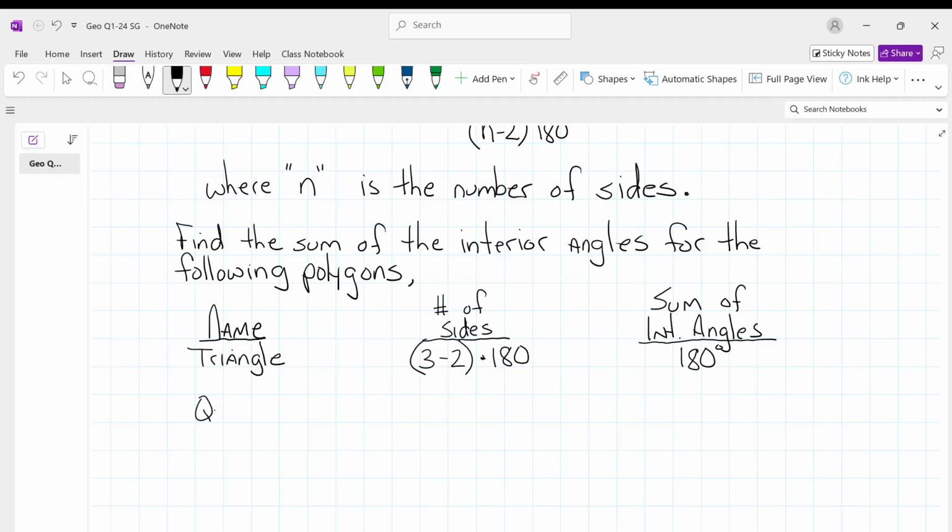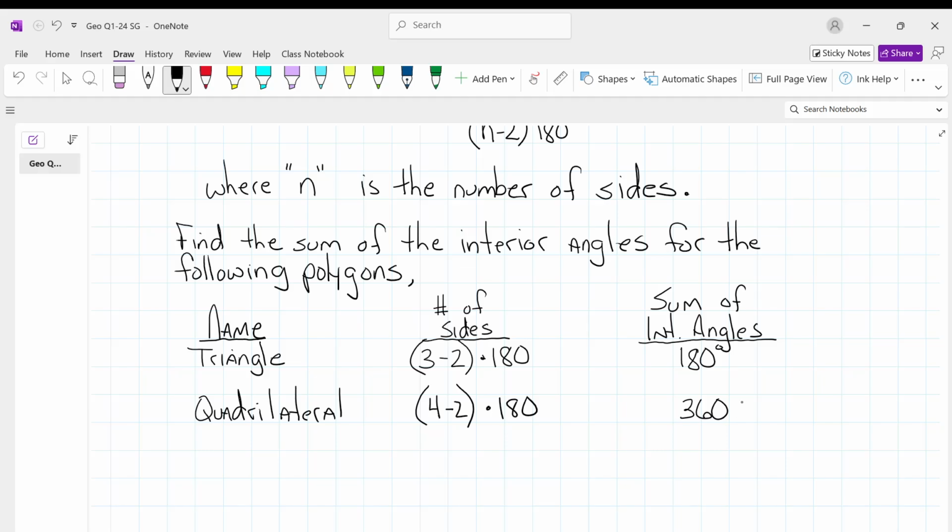Quadrilateral. Quadrilateral has 4 sides. So we take 4 minus 2, multiply it by 180, and we get 360.